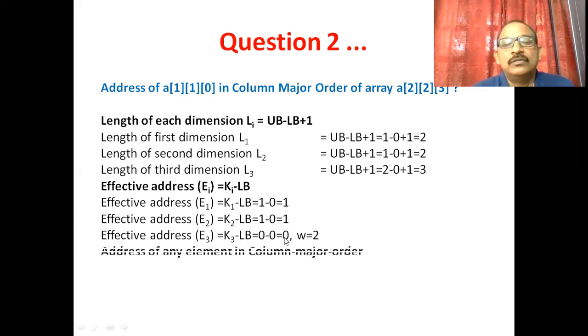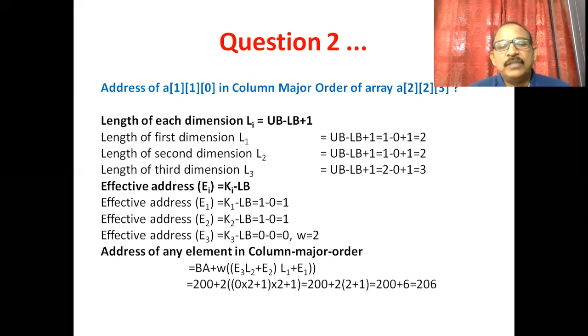W is 2. Now you can determine the address of any element in column major order as BA plus W into E3 into L2 plus E2 into L1 plus E1, where E3 is 0, L2 is 2, E2 is 1, L1 is 2, E1 is 1. So 200 plus 2 into 2 plus 1, 200 plus 6 is equal to 206.